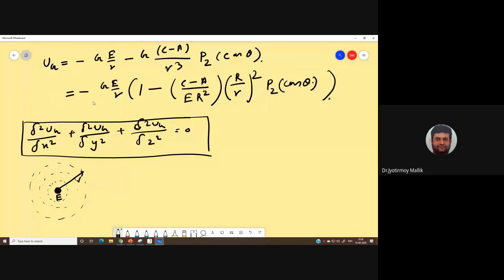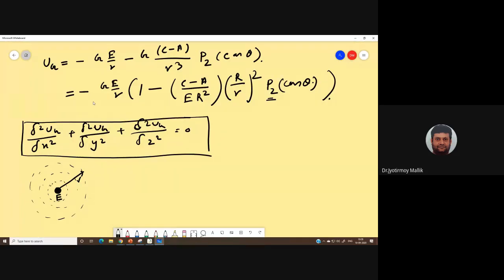The solution of this equation, what I have done here, you can see that I have only expressed it up to the second order polynomial. But that will not be sufficient to accommodate the Laplace equation.